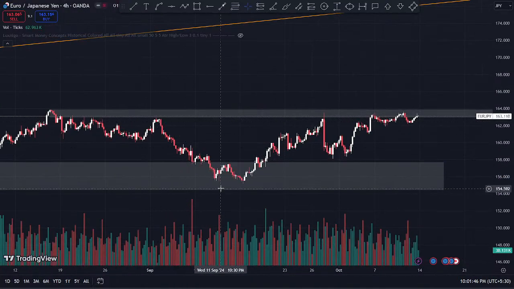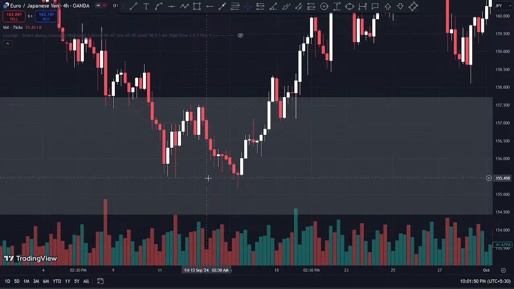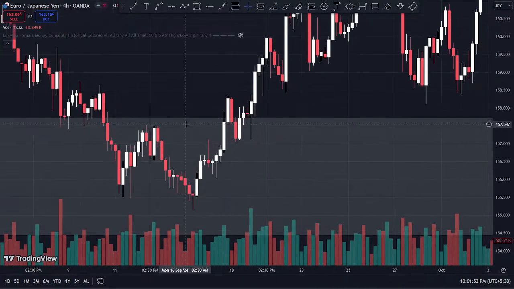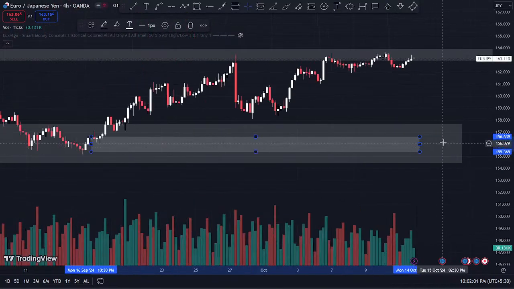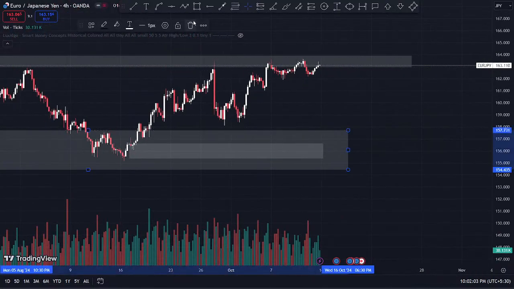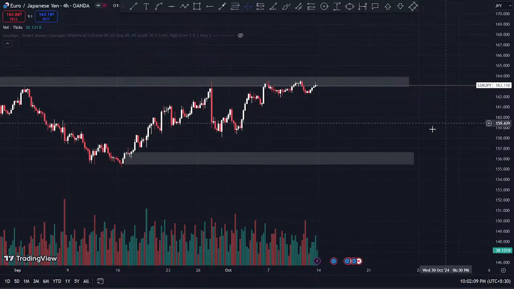The price reacted to this zone by seeking the liquidity. Okay, so this was a change of character, this was a sweep indicating that this is a very strong support area. So we are not going to take any positions other than this demand area.